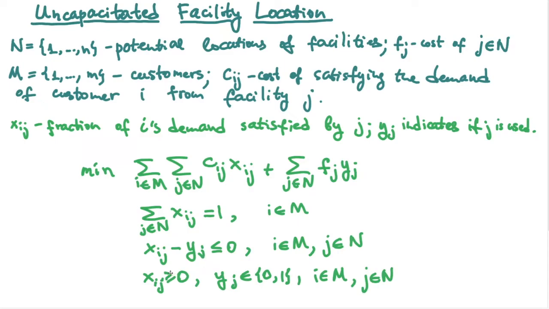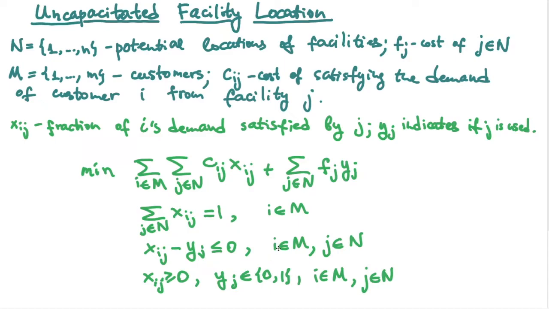Then we have the non-negativity for the real variables, and the y_j are binary variables, as we said. Now if you look at the structure of this problem, we can see that if we remove the demand constraints, then the problem essentially becomes trivial, because each constraint will only have two variables, x_ij and y_j, and we can easily solve the problem.